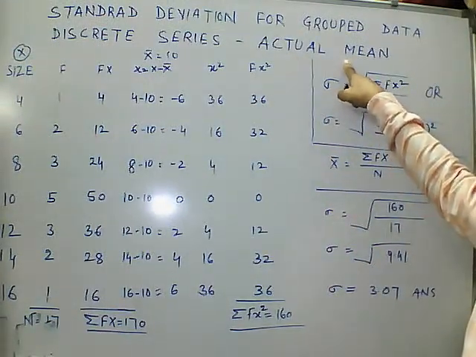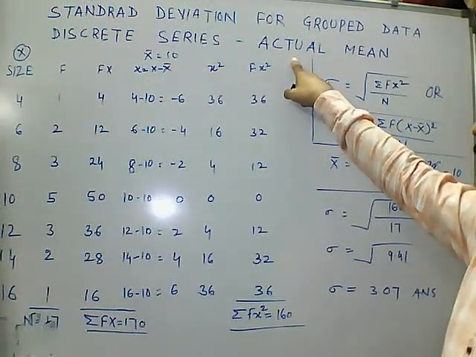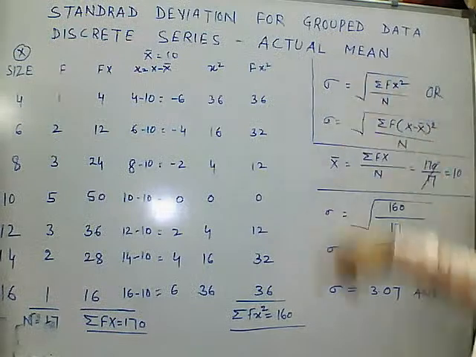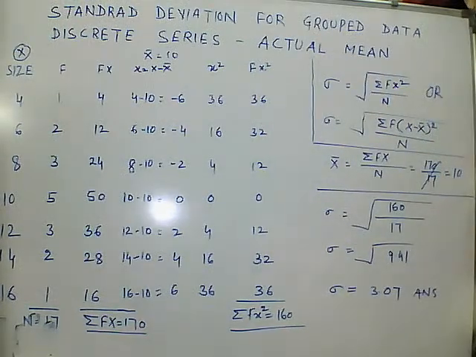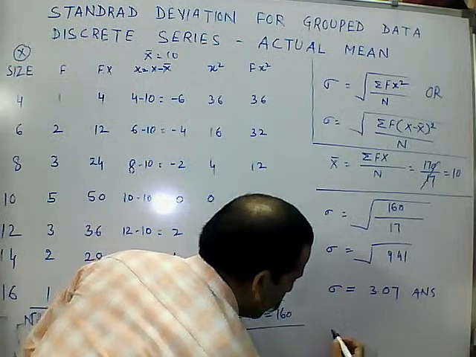Next step. Come back to the formula. Here you have to find the standard deviation by the actual mean method. For that, first of all, we have to find the value of the mean.